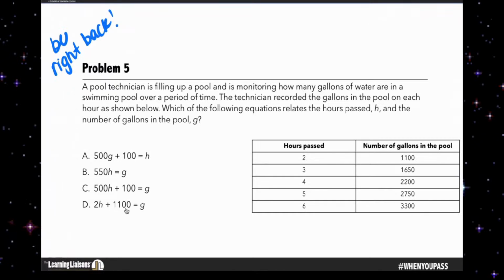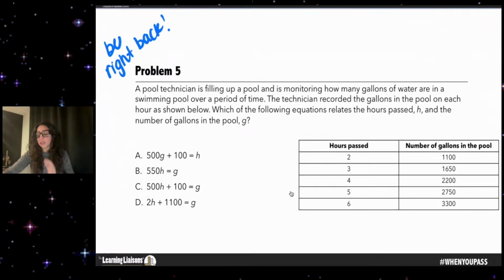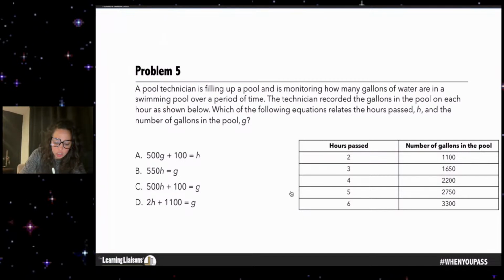All right. So this is an interesting question. This is definitely a problem that really elements of it could be for anybody, right? So when we look at this problem, we have to think about what does each equation say. So this equation right here says the hours is going to equal 500 times the gallons plus 100.